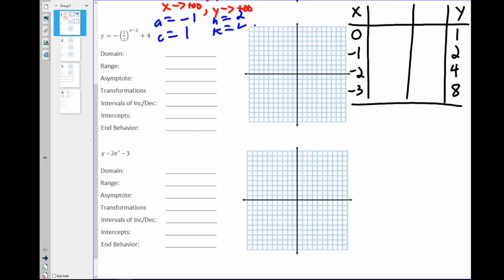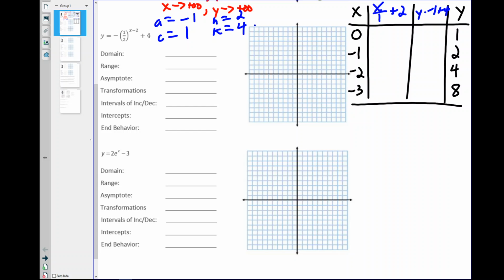K is? Facts. The X is supposed to be divided by C, but C is 1. If you want to see it, X divided by 1, that's what C does. And then plus 2. The Y is times A, which is -1, plus K, which is 4.